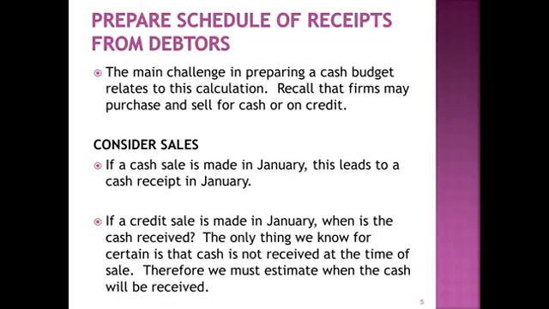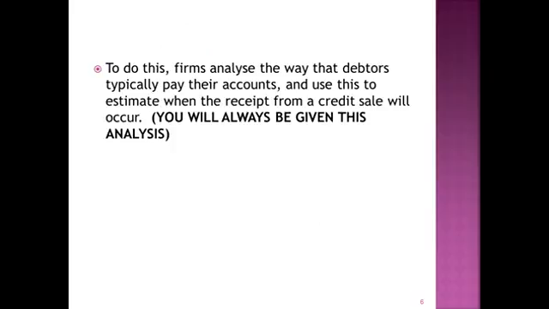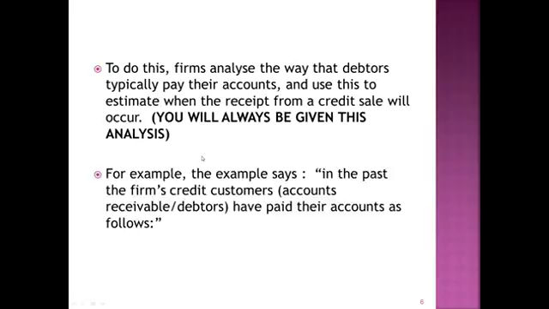If a credit sale is made in January, when is the cash received? It's really hard to know. The only thing we know for certain is that cash is not received at the time of the sale. So we have to estimate when the cash will be received when we're dealing with credit sales. To do this, firms analyse the way that debtors typically pay their accounts and use this to estimate when the receipt from a credit sale will occur. And you will always be given this analysis.